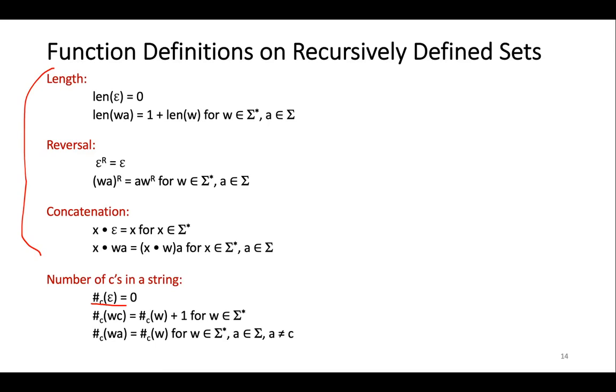W will be a string, and we have C as a character, so this will be 1, because we know there is a C. This will be 1, but we don't know about the string itself, but we can find the number for the string. Here W is a string and A is a character A, so that means A doesn't have any C. This will be 0. It becomes this. All right.